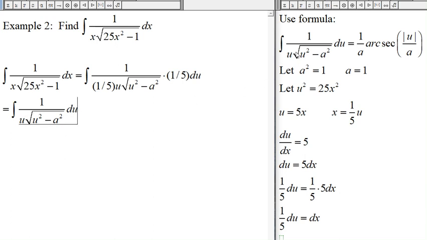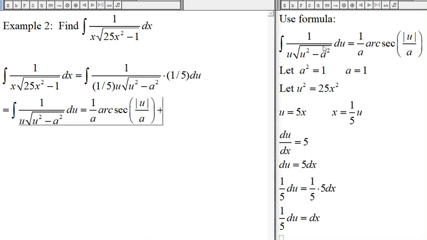And now we have something that looks exactly like what we have in the formula right here. So this would be 1 over a arcsecant of the absolute value of u divided by a, plus c. Now u is 5x, so we have arcsecant of the absolute value of 5x divided by a.